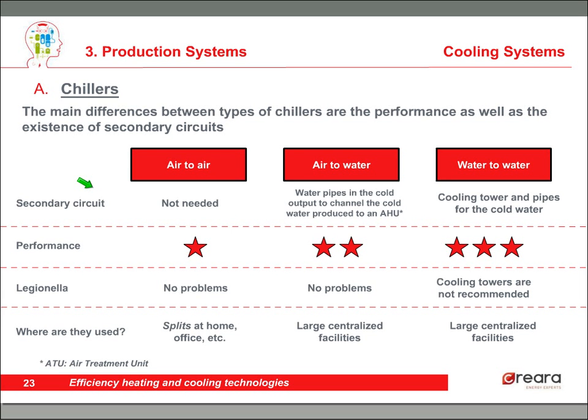As you can see, air-to-air units don't need a secondary circuit, and air-to-water needs water pipes in the cold output to channel the cold water produced to an air handling unit. Finally, water-to-water also needs the cooling towers and the pipes for the correct distribution of the thermal energy.